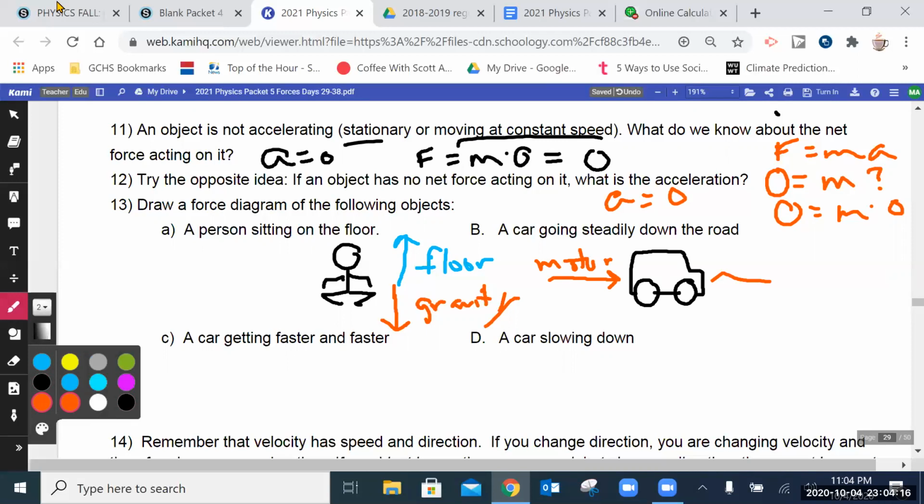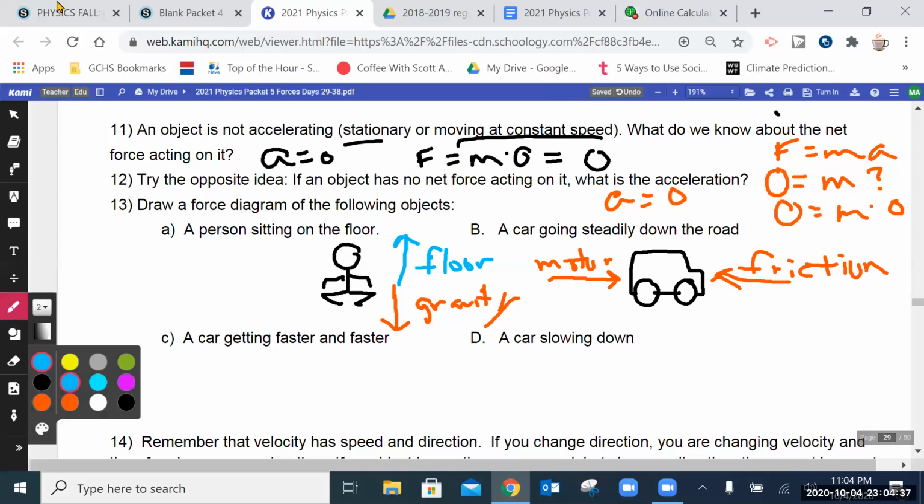But there'll be the force of friction pushing back. Since the car is not speeding up or slowing down, that means that these two forces have got to be equal and opposite. And so I draw them the same length.